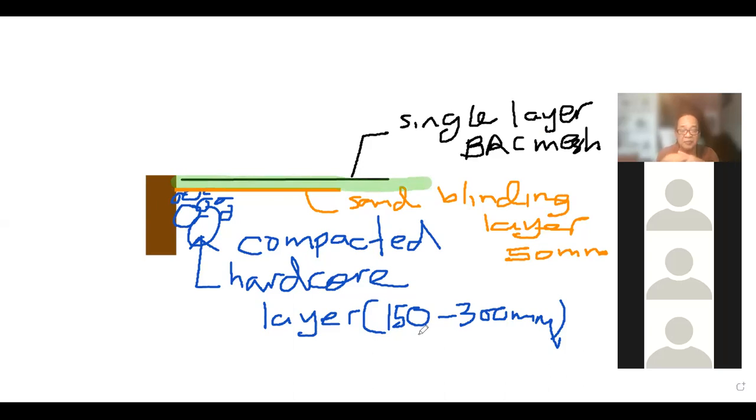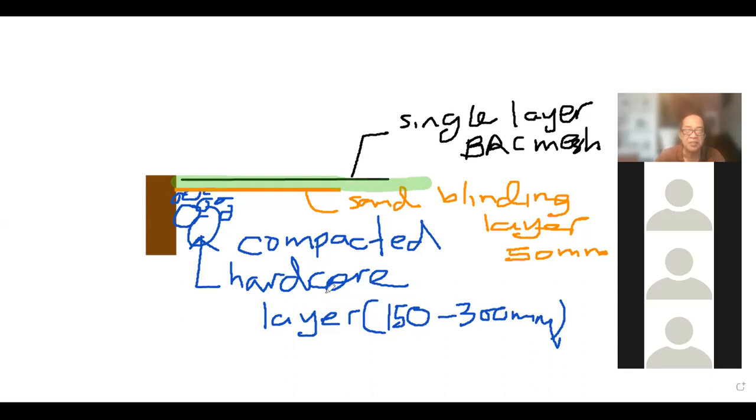So there is a distinction between concreting for the ground beams and concreting for the ground slab. There are two separate concreting activities. We first concrete the ground beam together with all the reinforcement to the full depth of the beam, and then the compacted hardcore and sand blinding layer are laid, and finally we have the reinforcement of the ground slab, and finally the concreting for the ground slab.